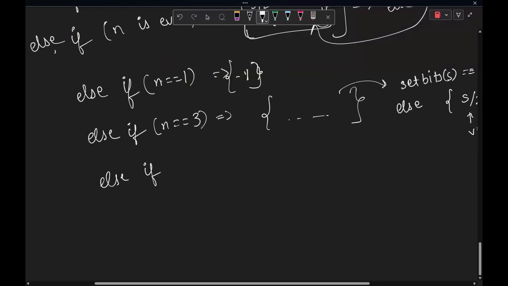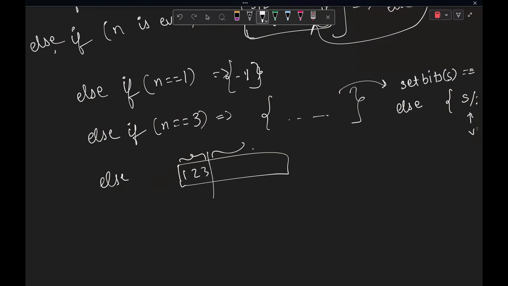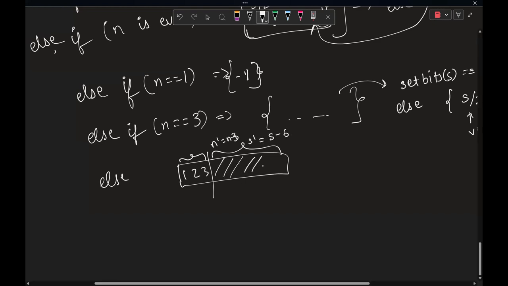If n is not 1, n is not 3, but n is odd, in the else condition, we are just saying to divide the array into two parts: the first part having just 1, 2, 3, and the second part having n' equal to n minus 3 and s' equal to s minus 6, and solve it.